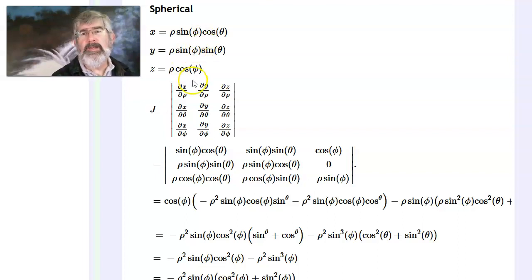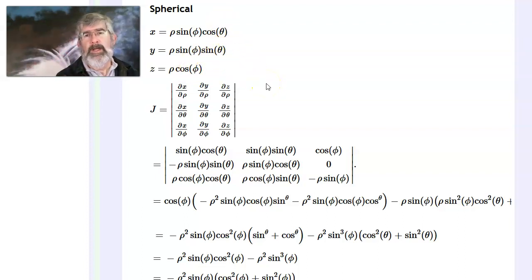The phi is measured from the positive z-axis down, directly down to wherever that point xyz is. And then if you drop a perpendicular down to the xy plane, then theta is measuring from the positive x-axis out to that point, whatever counterclockwise rotation, whatever that angle is theta.